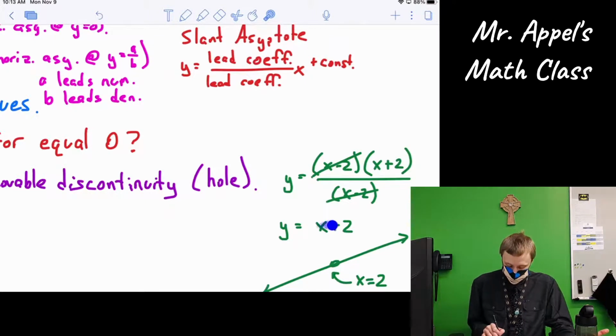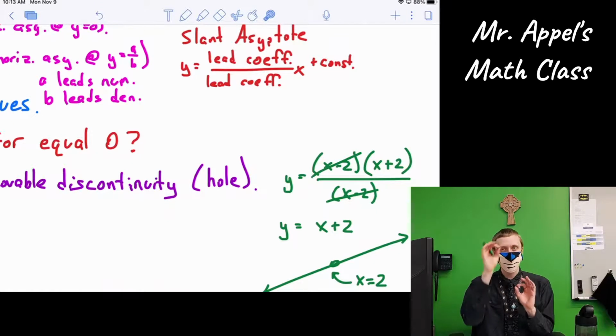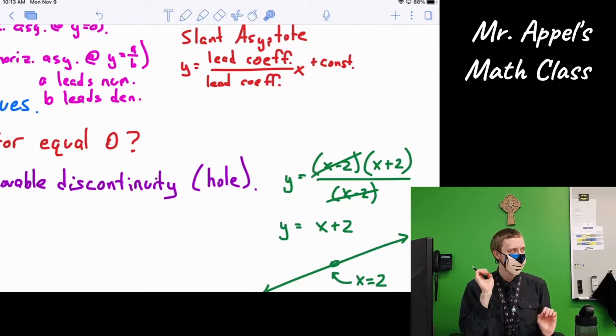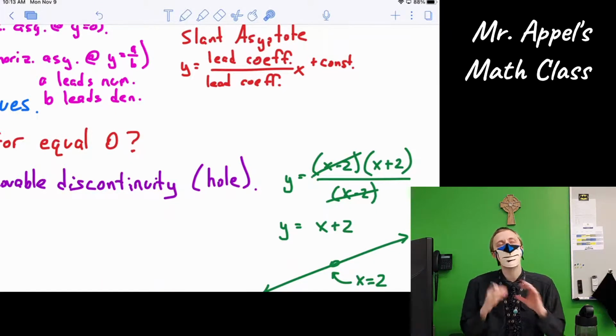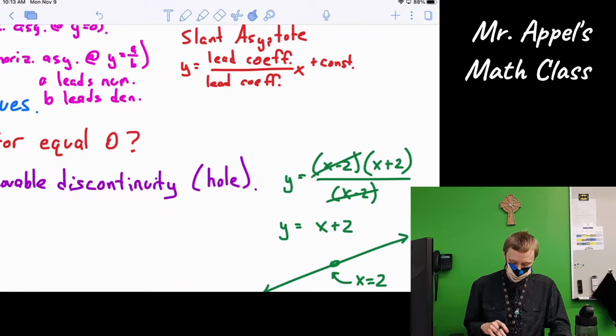Because in reduced form, plug in positive 2 here, y equals 4. It looks like it's going to appear at (2, 4), except there's actually a hole there. That's not a zero of the function. See the difference there?